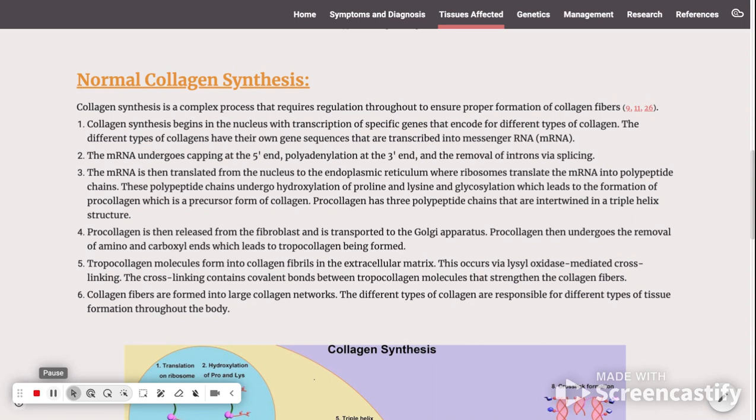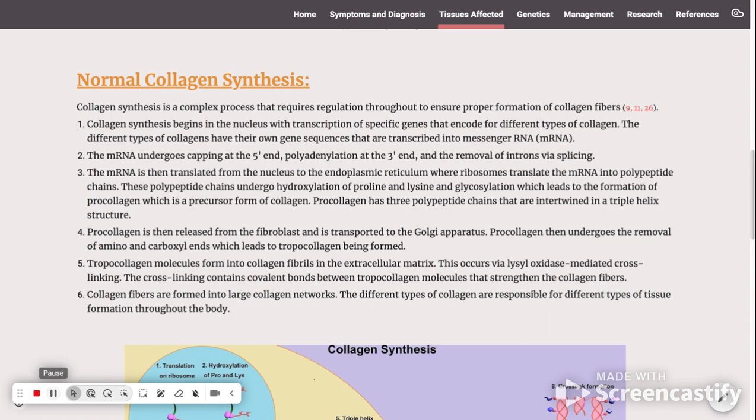So these modified polypeptide chains are now called procollagen and will undergo further processing and folding, and eventually will lead to tropocollagen being formed. And this tropocollagen molecules will be what forms into the collagen fibrils in the extracellular matrix. And that will also occur via lysyl oxidase, which is going to mediate the cross-linking between these fibrils.